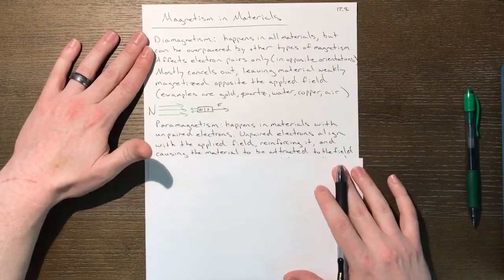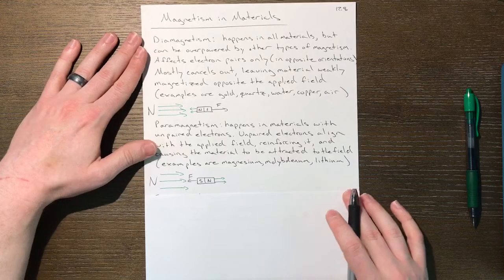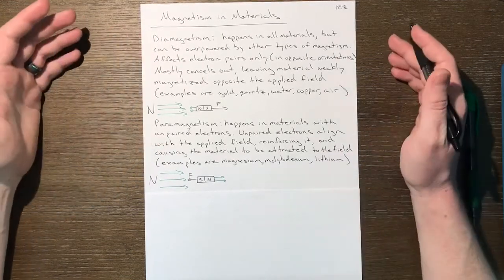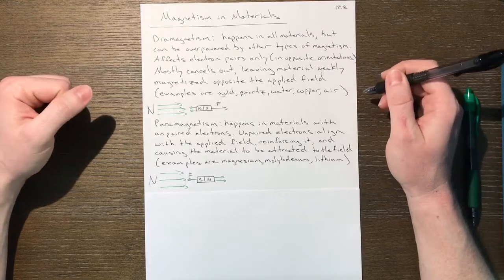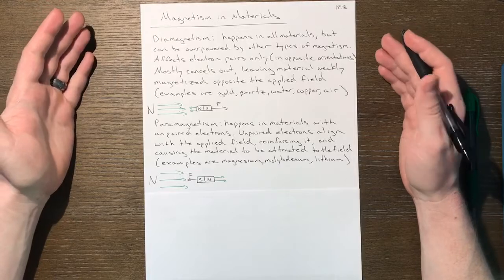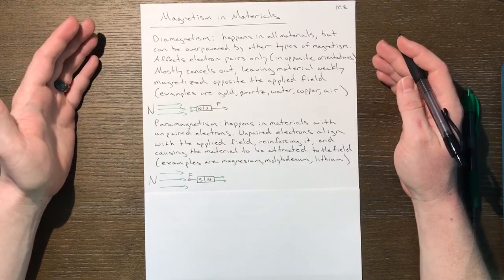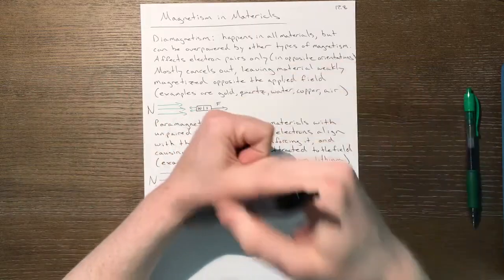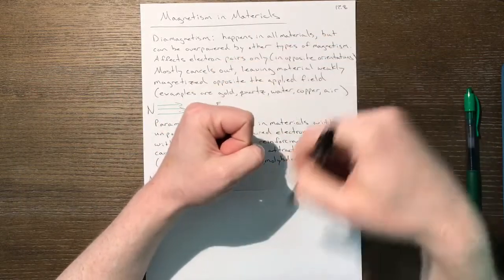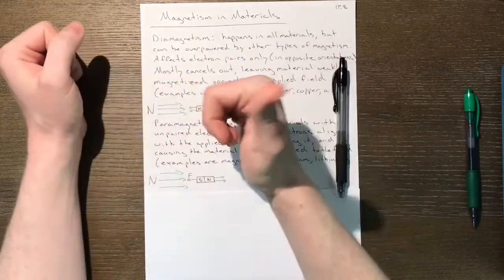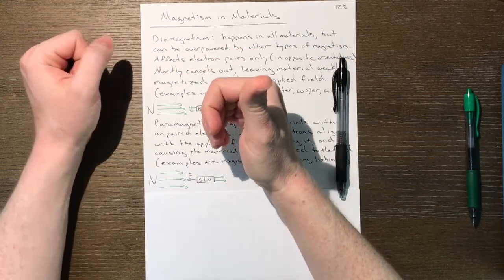The next type is paramagnetism. Now, paramagnetism happens in materials with unpaired electrons. Unpaired electrons align with the applied field, reinforcing it, causing the material to be attracted to the field. So if you remember, we looked at those little loops, and you can imagine the electrons going around the nucleus like a little bit of a loop. It doesn't really go in a perfect circle, but roughly it prefers one direction or another.